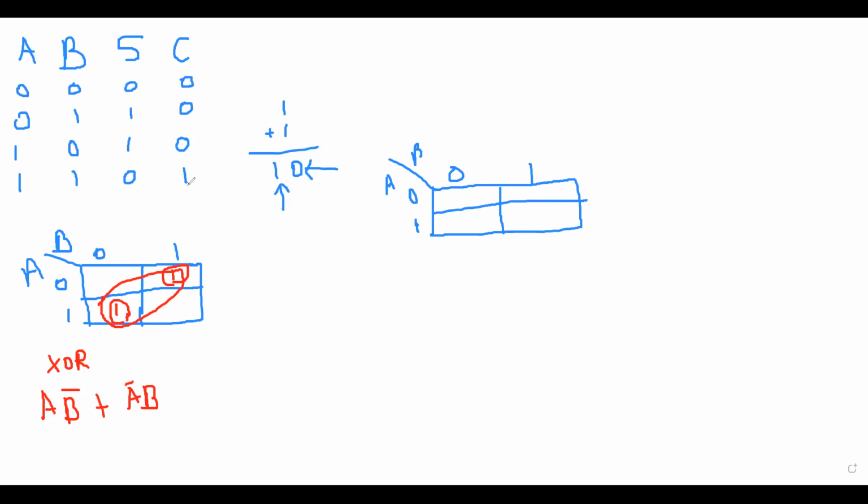Here we have only one carry and the combination is A and B equal to 1. So I can write AB.